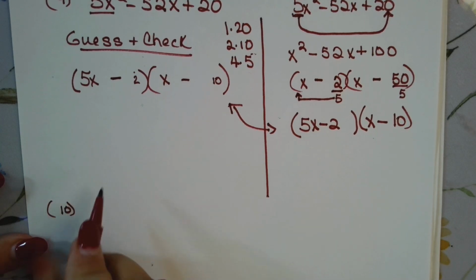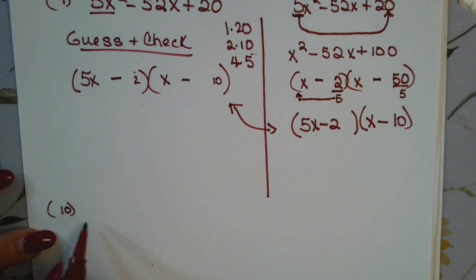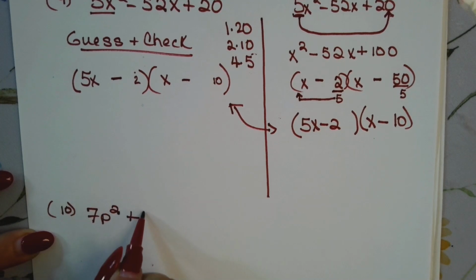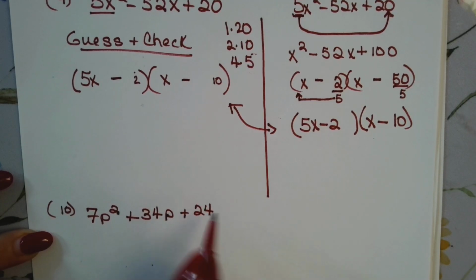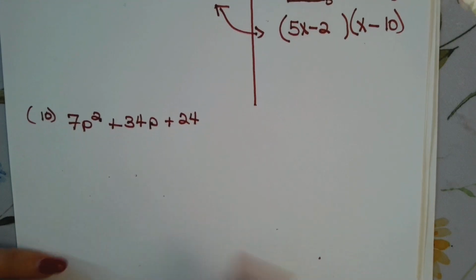So let's do number 10. Number 10, I have 7p squared plus 34p plus 24. Again, the first thing you want to do is check to see if there is a greatest common factor, and there is not. 34 can't be divided by 7, and 24 can't be divided by 7.